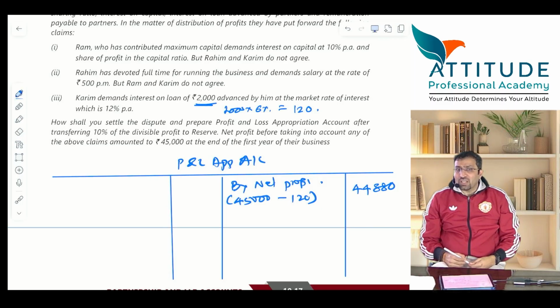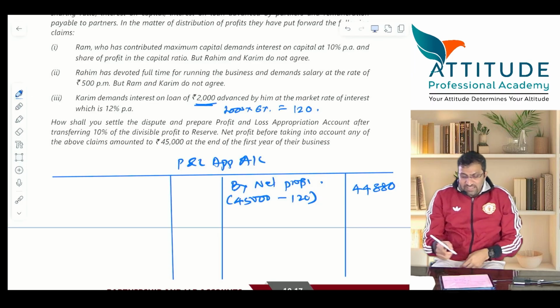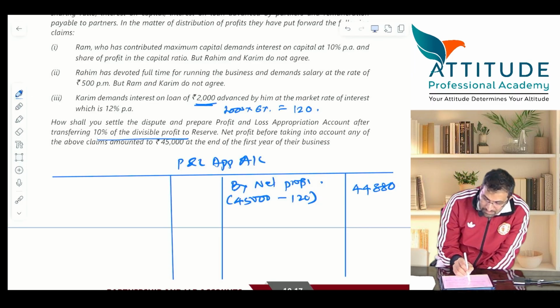45,000 or 44,880? Of this 10% should be transferred to reserves. Means general reserve.